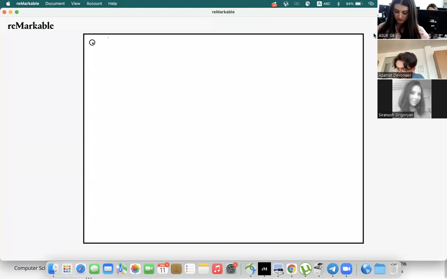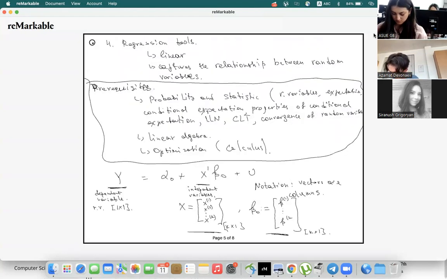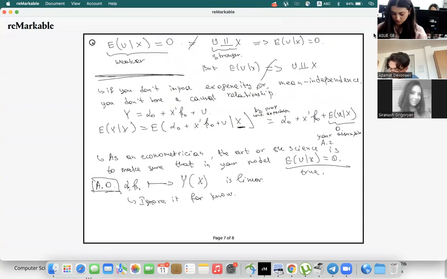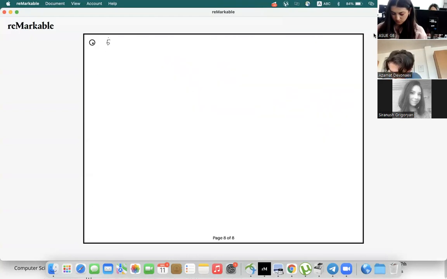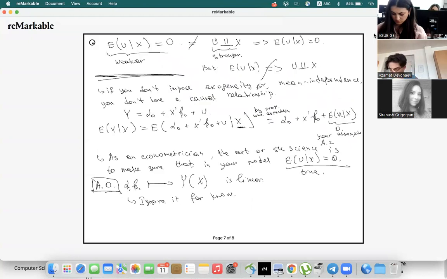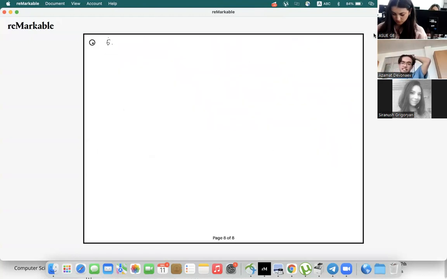So now let's get to the data. Because you remember, we have the model, but we need to estimate it.